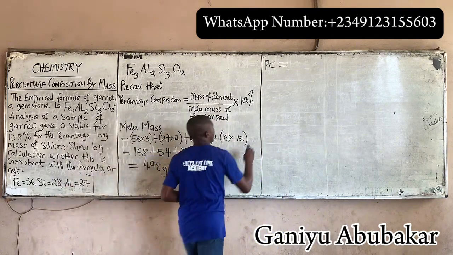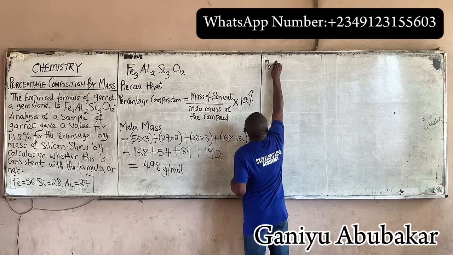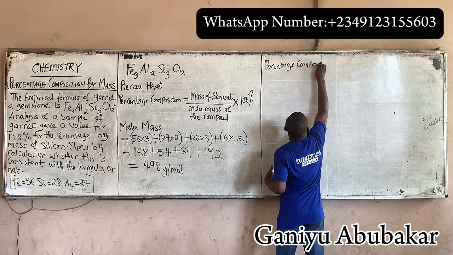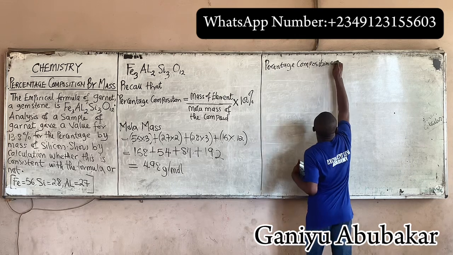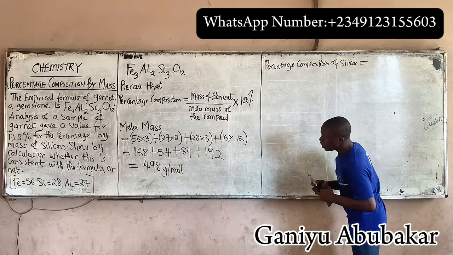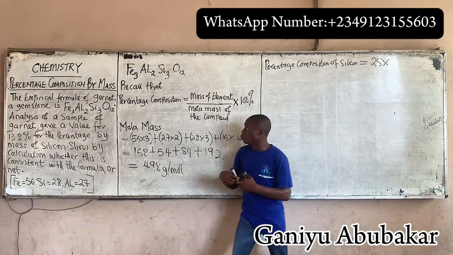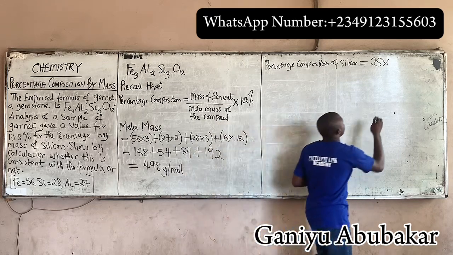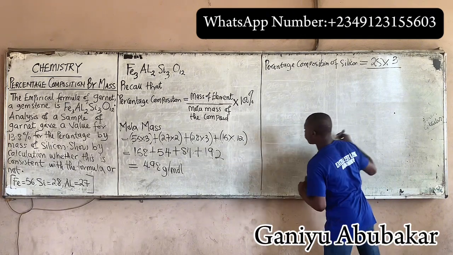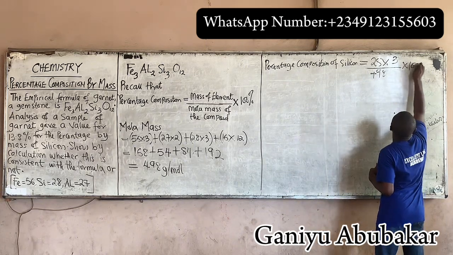That's 28. 28 times silicon has 3 moles, so times 3, all over the molar mass, which is 498, times 100%.